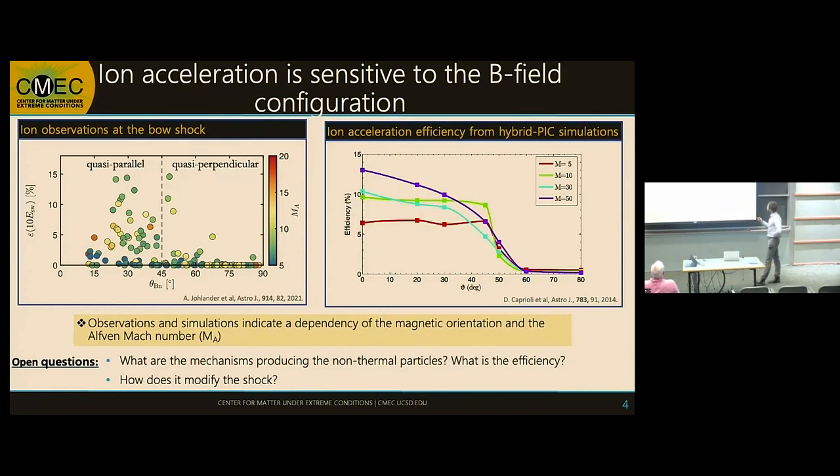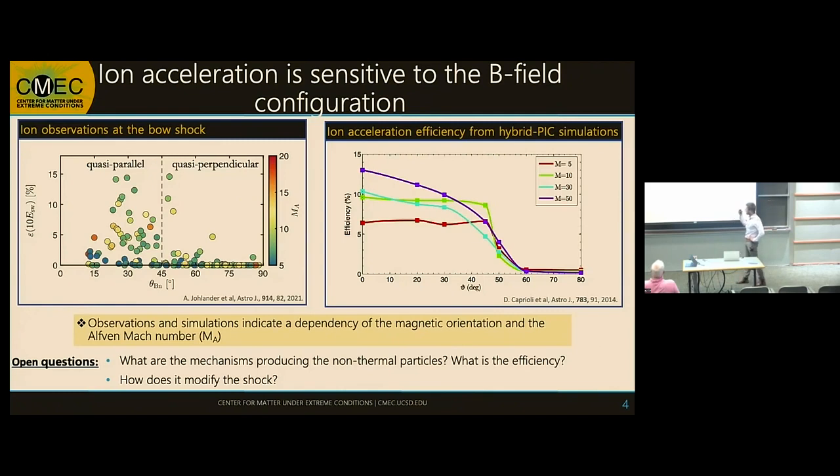Another numerical study, using hybrid PIC simulations, also done by Damiano Caprioli, shows very similar behaviors. So what people are trying to answer is, what are the mechanisms that produce these non-thermal particles?